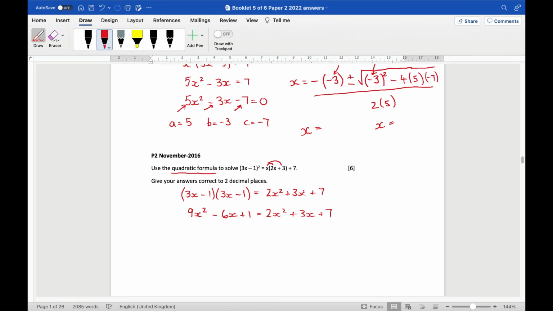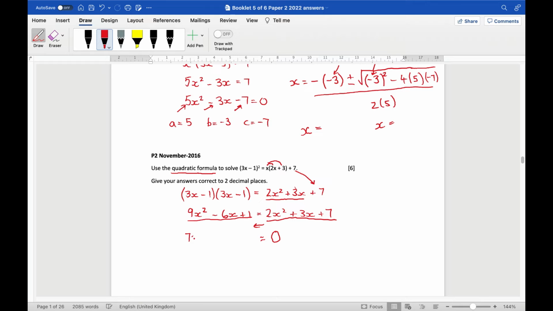This one, nasty. On the left-hand side, I've expanded the double brackets to get this. On the right-hand side, I've expanded a single bracket to get this, but I've got this kind of loose plus 7 on the end as well. I end up with a quadratic equation on both sides, but I don't want that. We've always said for a quadratic I want equals 0. So all of these things need to go over there.